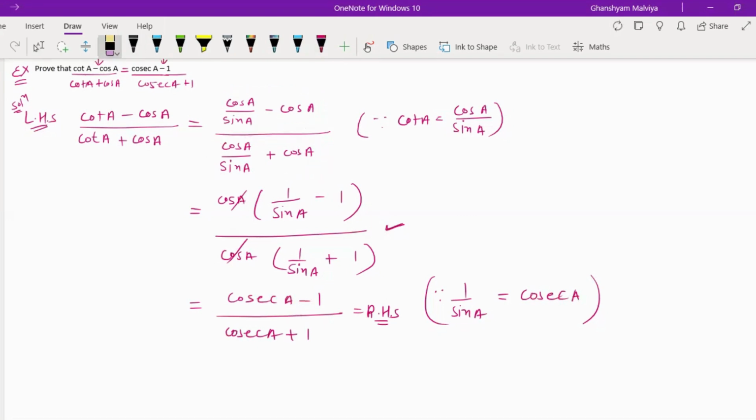Here you can see this cos A is on both sides. So what I did, I have taken this cos A outside the bracket. When you multiply cos A inside, then what will be there? Cos A divided by sin A minus cos A. So I have taken cos A outside the bracket for this. Clear? This will come out from this. Yes, sir. Same thing we did in the denominator.